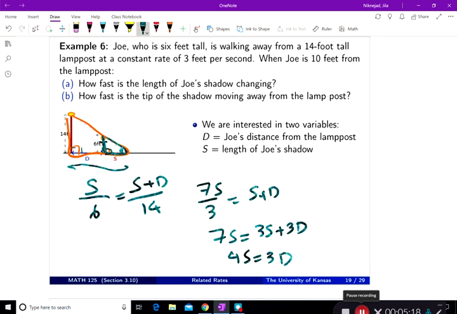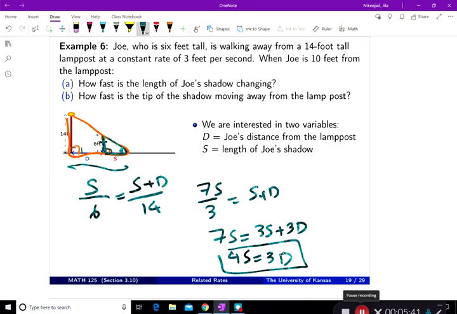Now I can use this equation that connects the two quantities. We discussed that S and D are both changing, and now I connected the two quantities together. Let's see which one I know at the instant and which one I don't know.